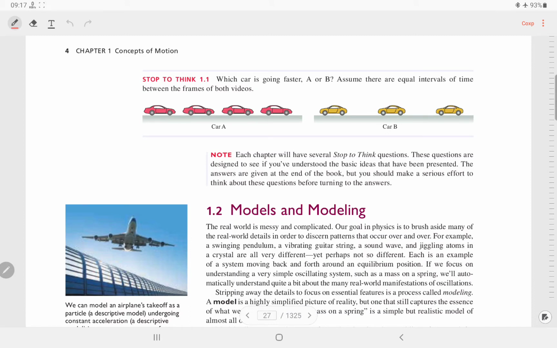Why do we use a point or particle? Because it's simple and easy for us to number. For example, instead of drawing these 4 different red cars, it's simple for us to show it as a point. This point is the car for us, and it's simple to describe it.